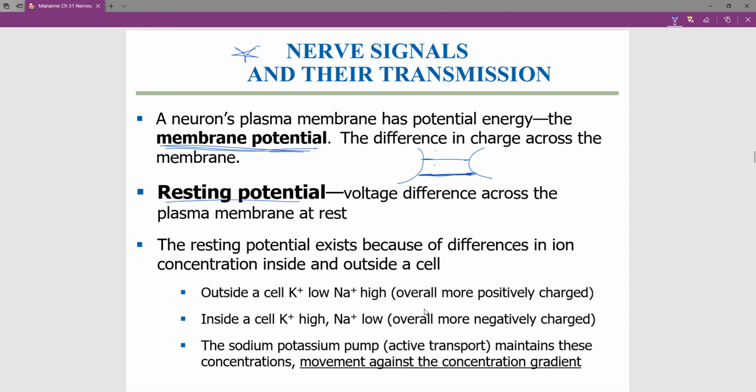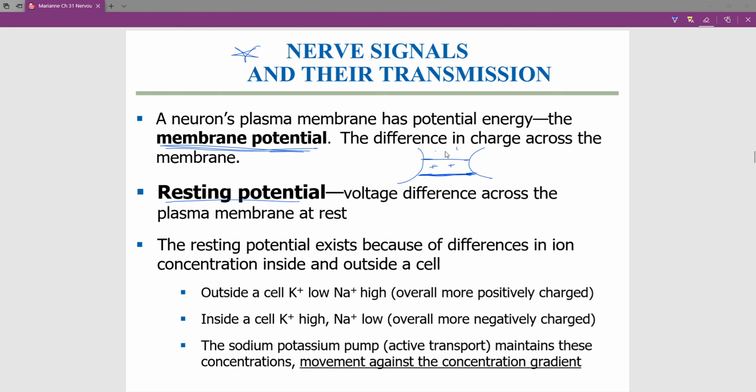Well, it's not. We have positive ions out here and positive ions in here, but we have more positive ions outside than we do inside. That's why we say that it is negative. You probably answered that in your pre-reading a little bit. Let's get into the details of why it is negative.